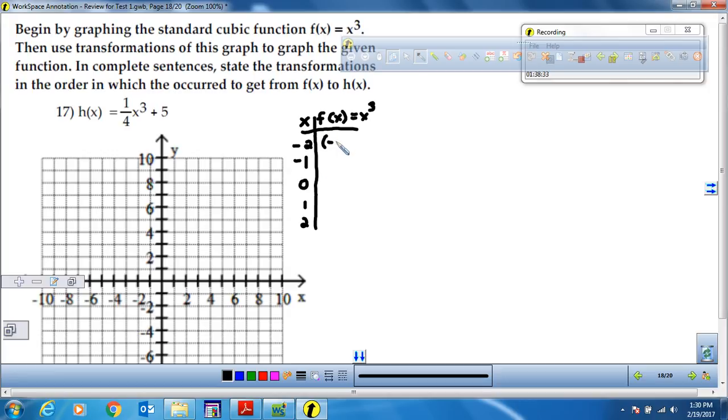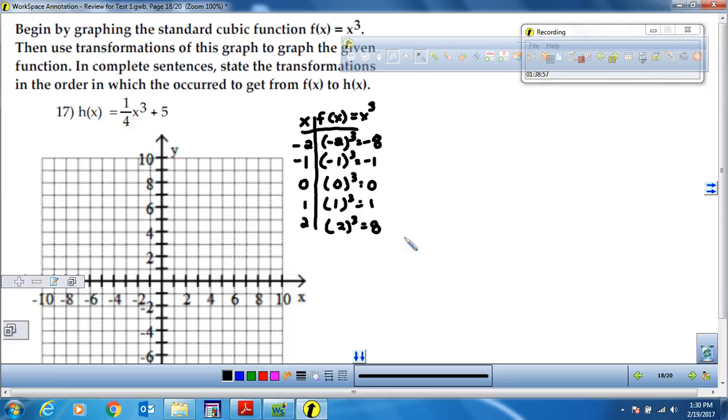So if I substitute every x, -2 cubed gives me -8 as an answer here. -1 cubed is going to give me a -1. 0 cubed is going to give me a 0. 1 cubed is going to give me a 1, and 2 cubed is going to give me an 8.